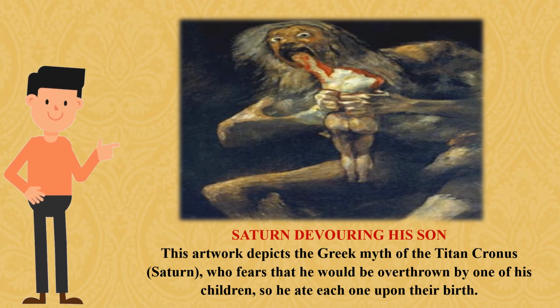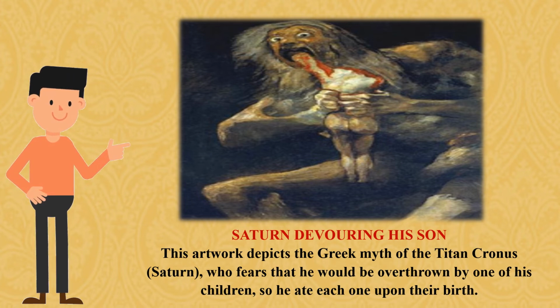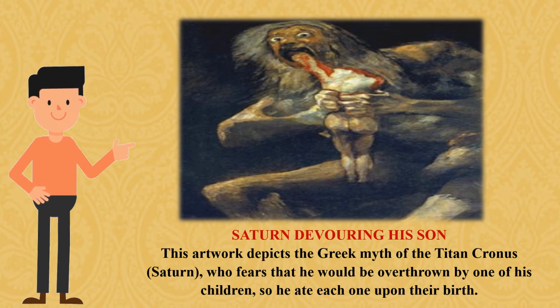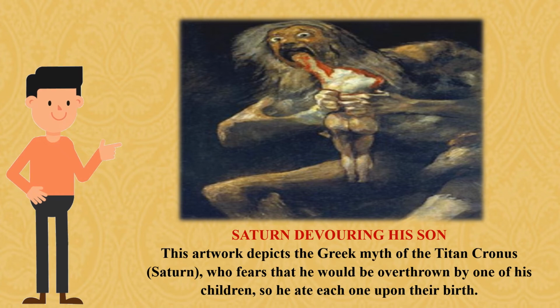So in this one, Titan Cronus, also known as Saturn, this painting demonstrates the Greek mythology about Saturn, or Titan Cronus, who fears that he would be overthrown by one of his children, so he ate each one of them after birth. Since Cronus is afraid of being replaced by his children, he ate them so that no one will replace him in the future.